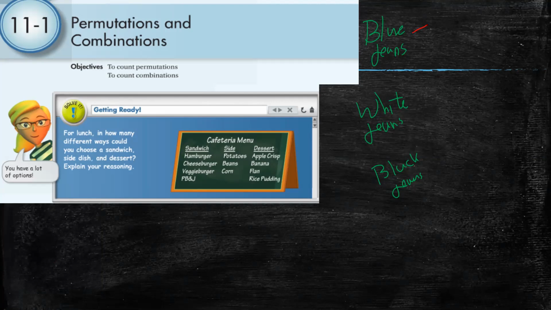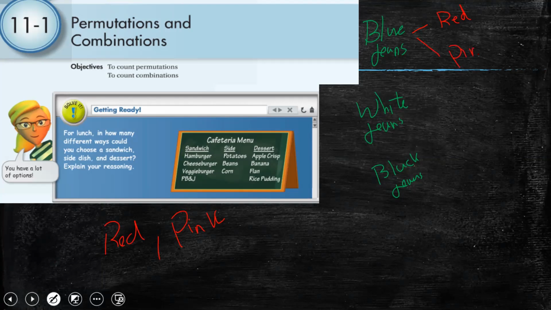You have 2 t-shirts: one is red and one is pink. So you can wear the blue jeans with the red t-shirt and with the pink. We can wear the white jeans with red and with pink. The black jeans with the red and with the pink t-shirt.